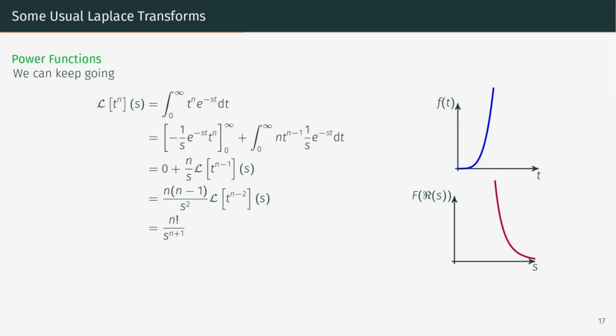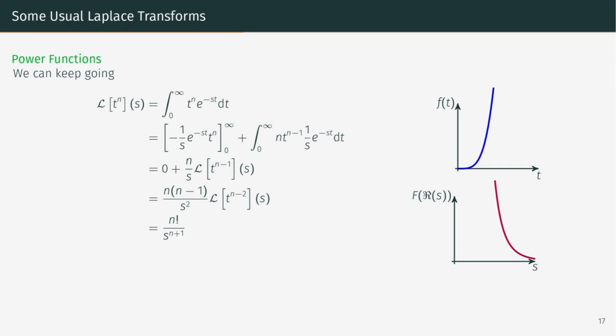This then equals 0 plus n over s times the Laplace transform of t to the n minus 1, which equals n times n minus 1 over s squared times the Laplace transform of t to the n minus 2. This will then equal n factorial over s to the n plus 1.